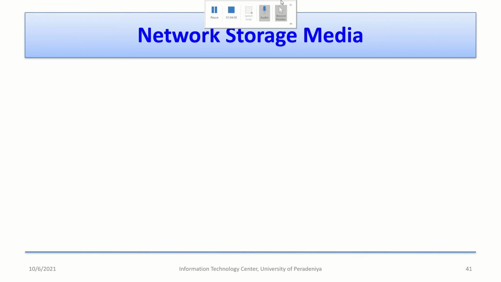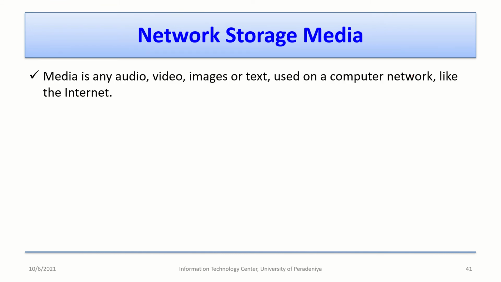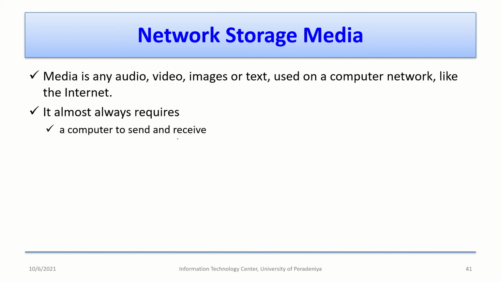The next one is network storage media. Actually, media is any audio, video, images, or text used in a computer network, like the internet. So it almost always requires a computer to send and receive, and a community of people to create and consume the content.